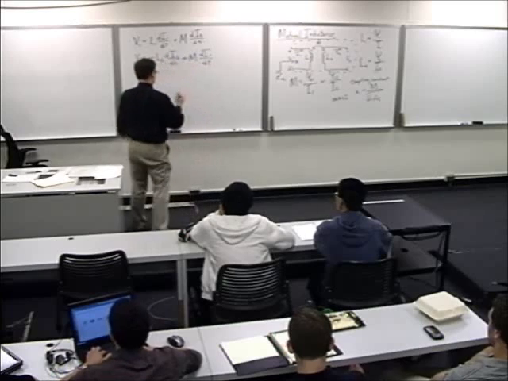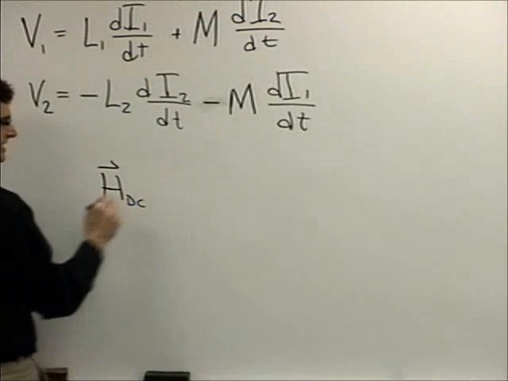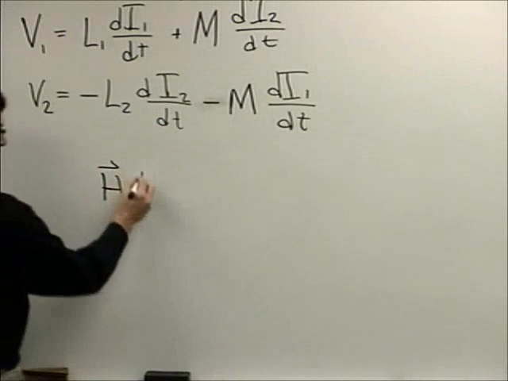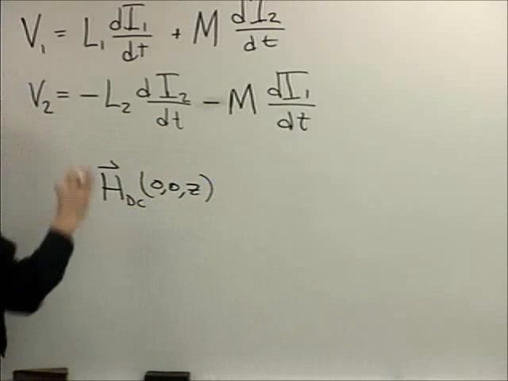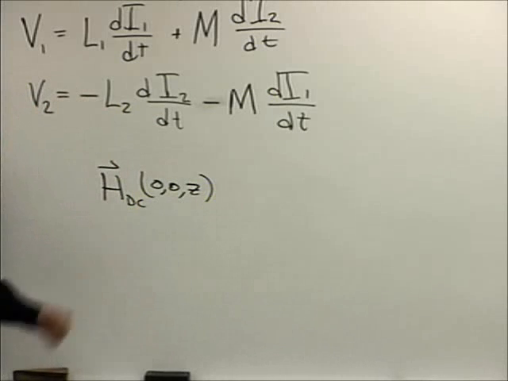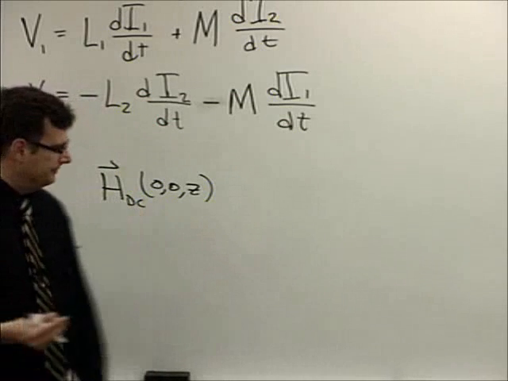So you got an answer like H_DC as a function of the z-axis observation, moving away from that coil. However, none of these systems actually work like that. They're always using AC current.